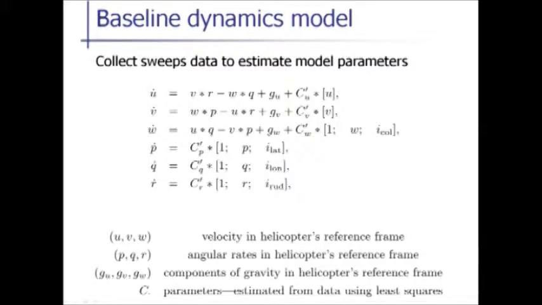And lastly, there's this offset term. What the offset term represents is simply that the controls aren't perfectly centered, and so you need to be able to compensate for that. Although C_U and C_V have one number each, C_W is actually a vector that contains three numbers. For P, Q, and R, it's very similar.